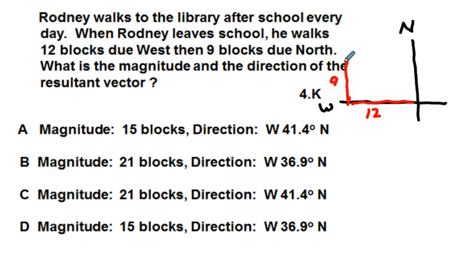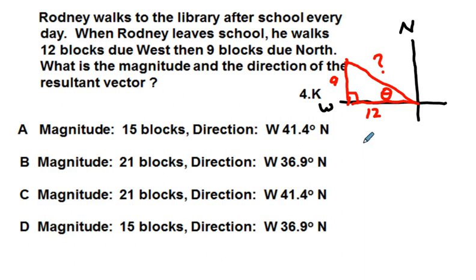So this is 9. And we want to have the total distance here. Right, what is that distance here? And the direction. Okay, so we want to find this direction here. And all these are west, something north.